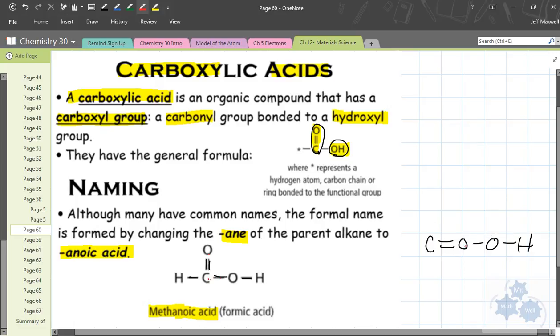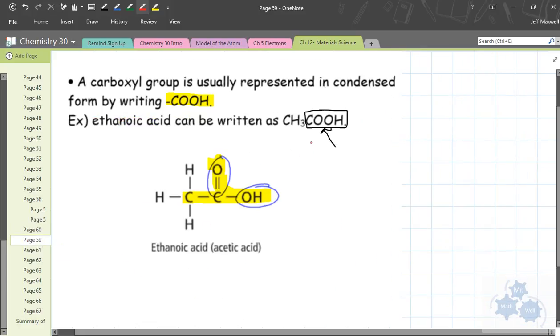The C is doubly bonded to the O here, but the other oxygen is not bonded to this oxygen, so you can't draw it structurally like this. What we will see, though, is that you can write it, and it's on the next slide. When we write the formula, you do write it like COOH. So that is okay, but you have to remember that structurally this is not how it goes. It looks like this.